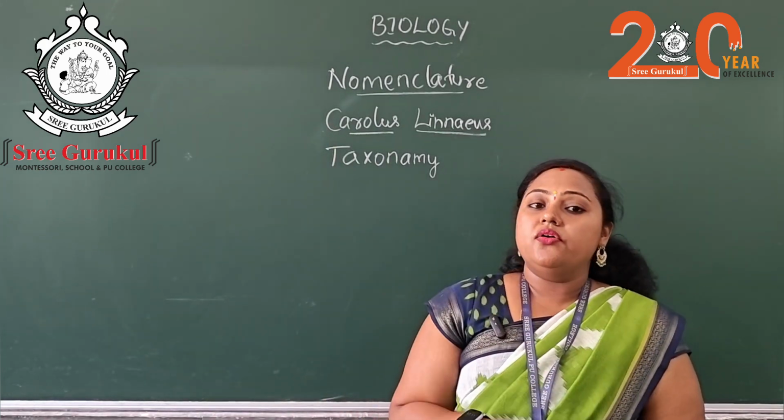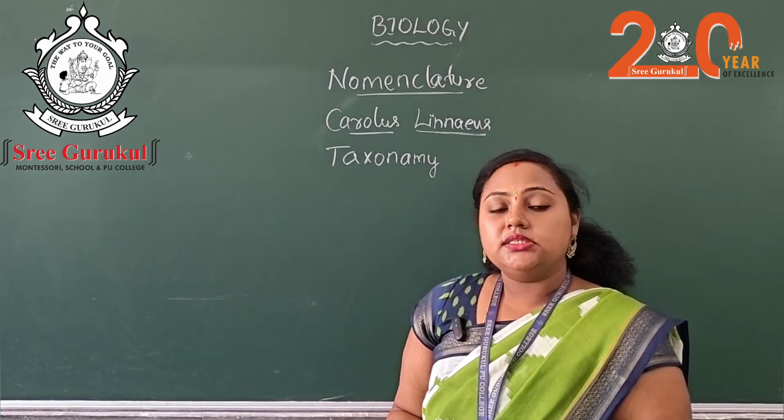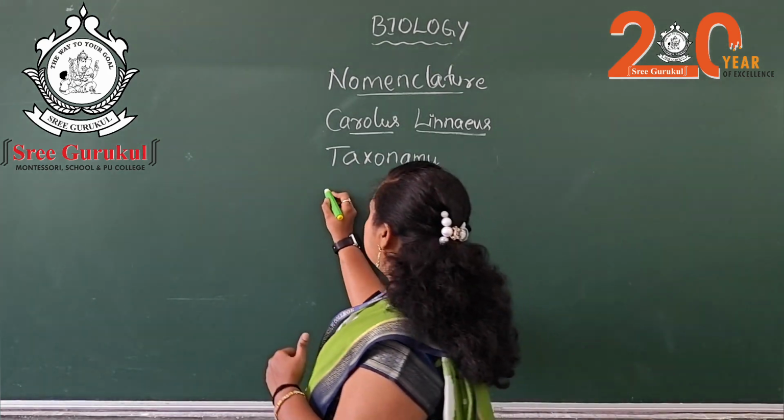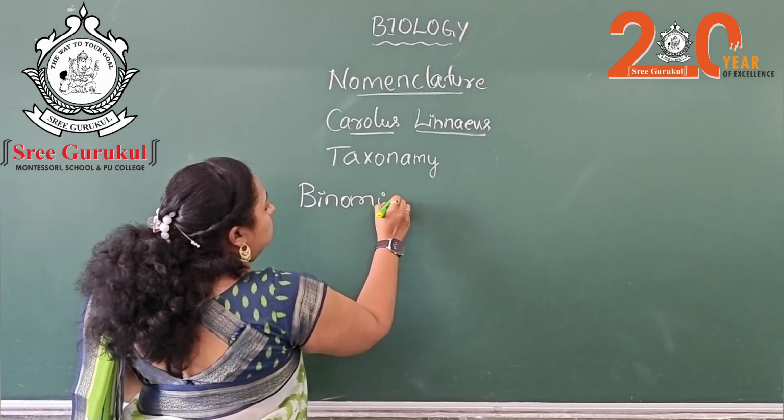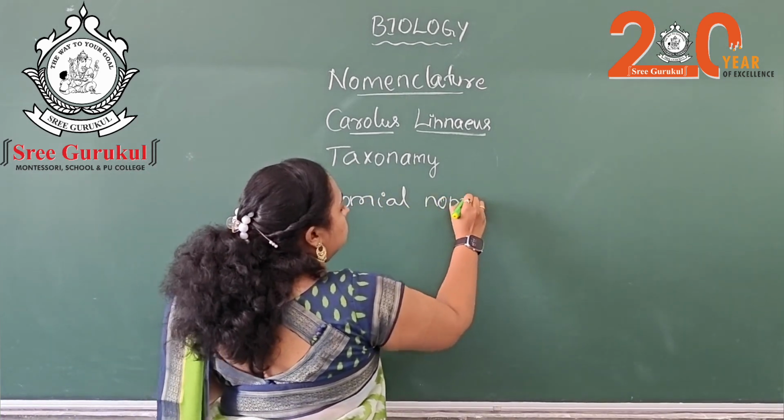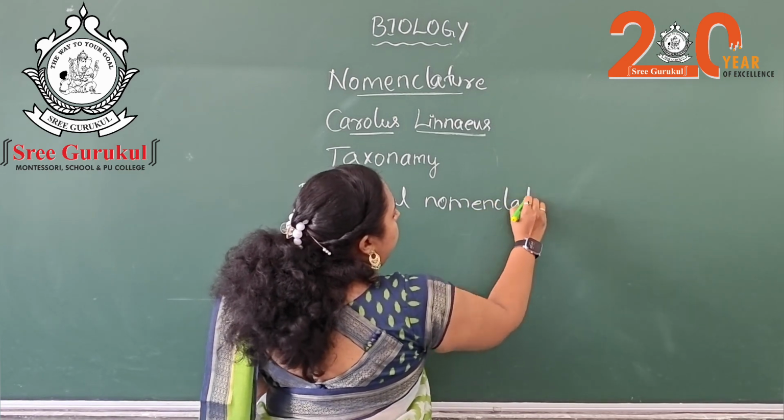This system of nomenclature consisting of two names, we call binomial nomenclature.